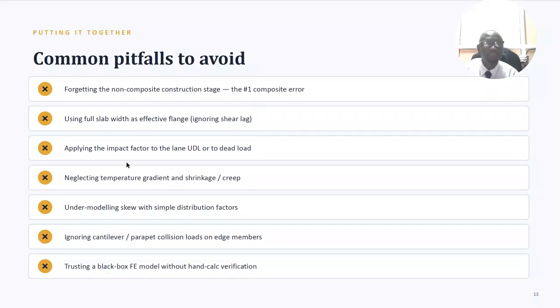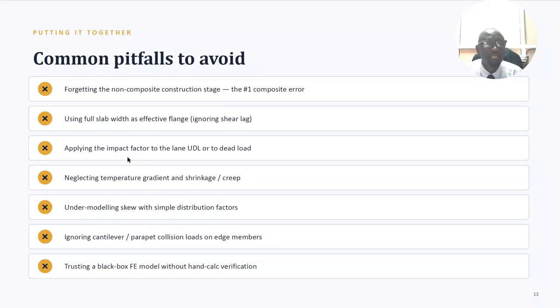Then applying the impact factor to the lane UDL or to dead load. Impact factor normally applies to AASHTO loading traffic, but for BS 5400 they say the loads already include the impact factor, so if you do, it will be over-design.